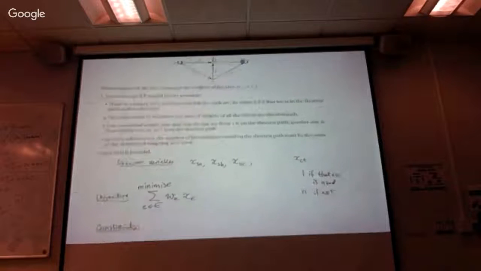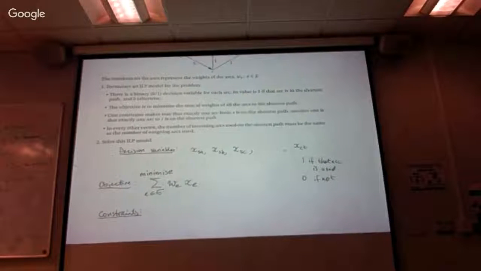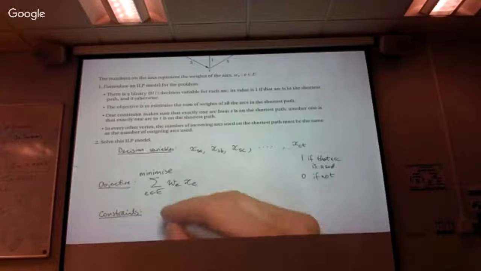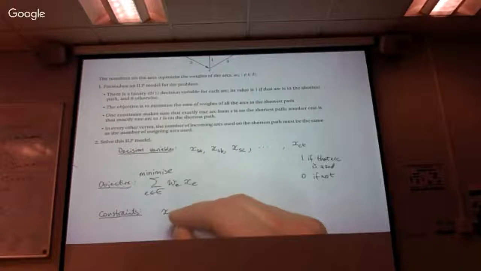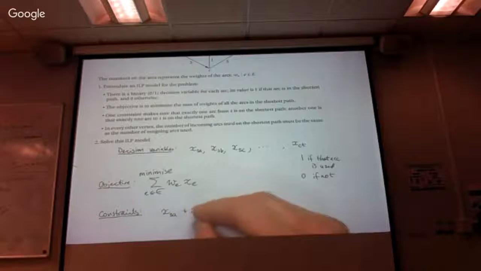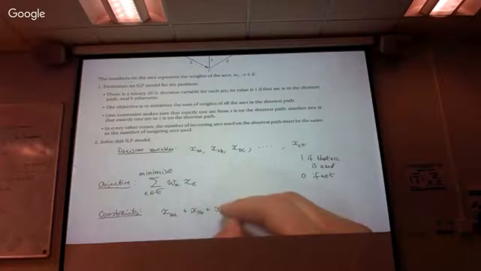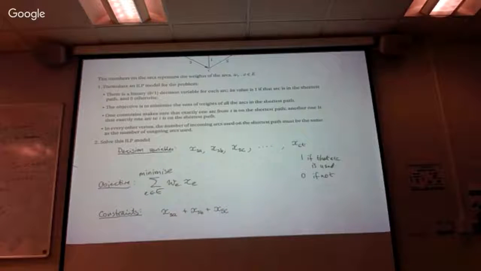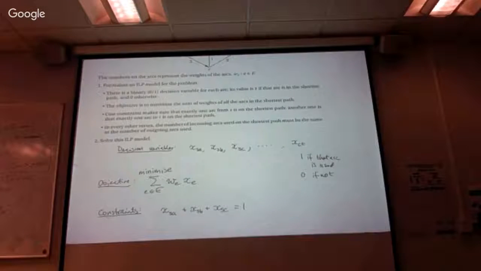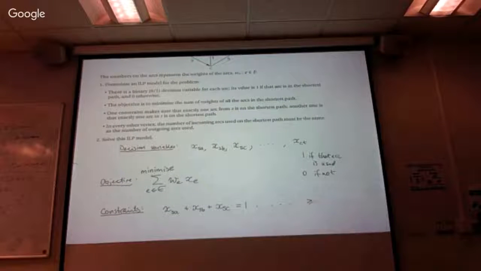So if you want to leave S, that means that when you add the decision variables of all the arcs leaving S, which there are 3, you want this to be equal to 1, because you want exactly one of them to be used. It would work even if you replace this equal to with greater than or equal to, because you could leave by 2.